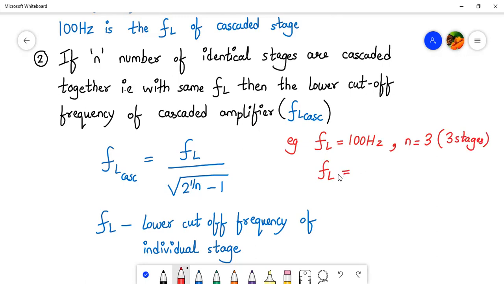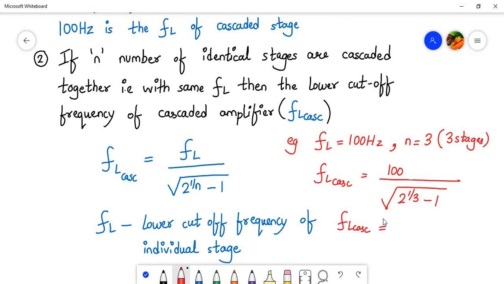So FL of cascade will be 100 hertz divided by the square root of 2 raised to 1 by 3, minus 1. So this will be the lower cutoff frequency of my cascaded stage. So let's calculate 2 raised to 1 by 3, and let me do that.